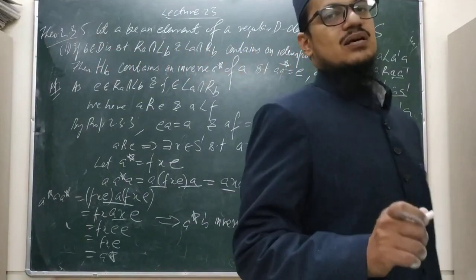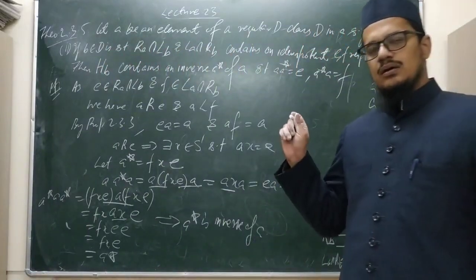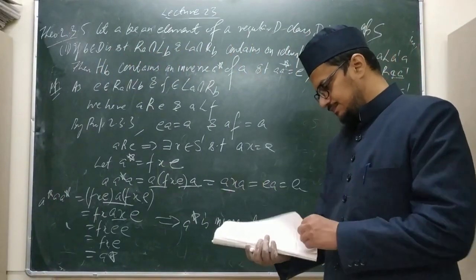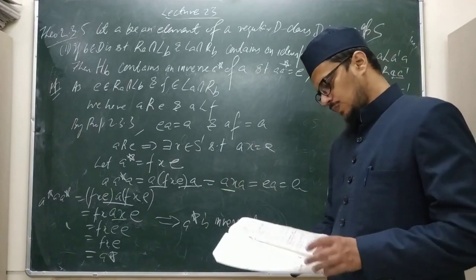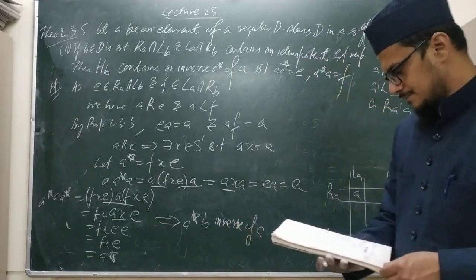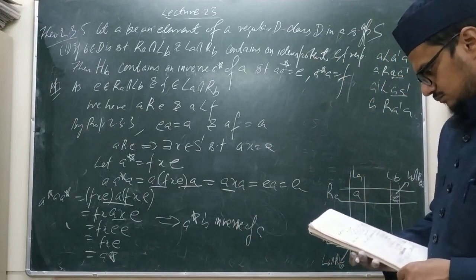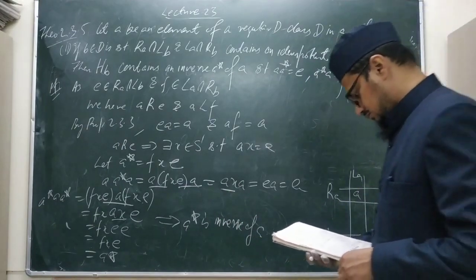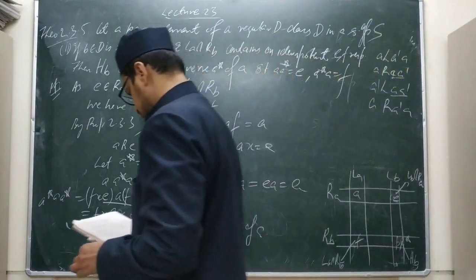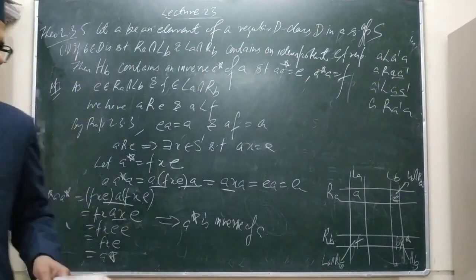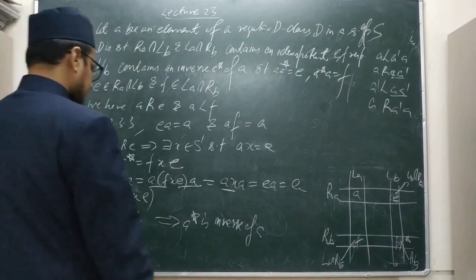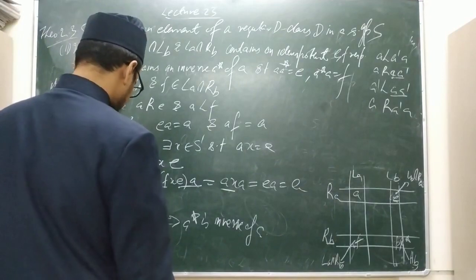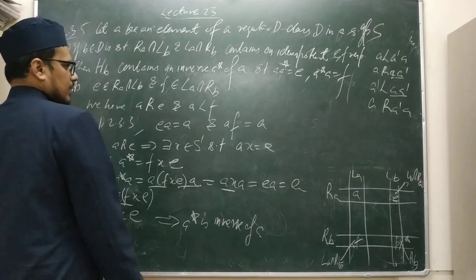Now we show that A star lies in HB. Basically, we have proved that A star is the inverse of A, correct? Now we calculate A star.